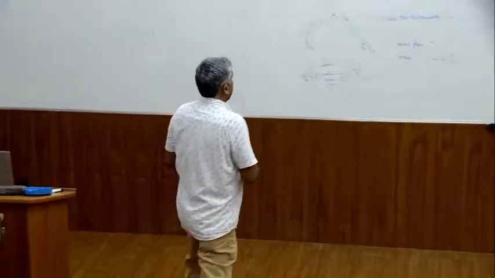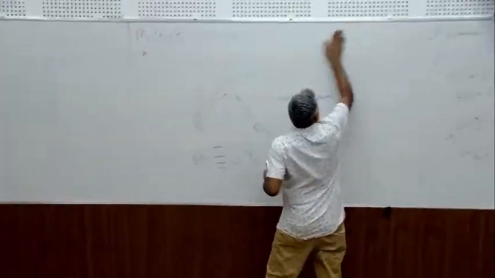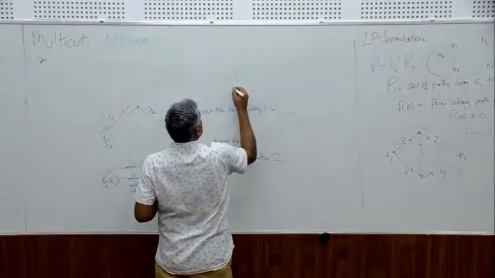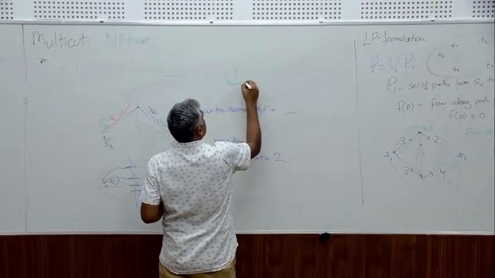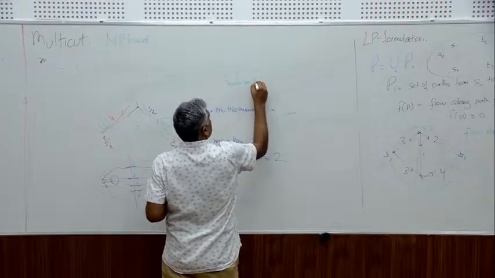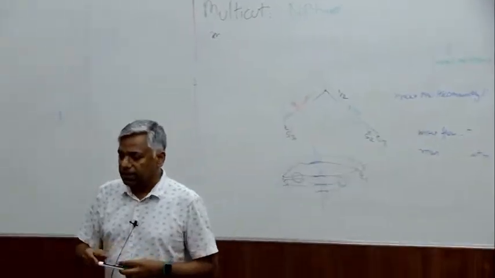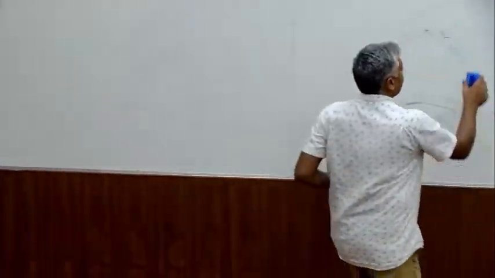So, pictorially, this is an important thing that I always do. So this is maximum multi-commodity flow. Is this green color visible at the back? Likely not.